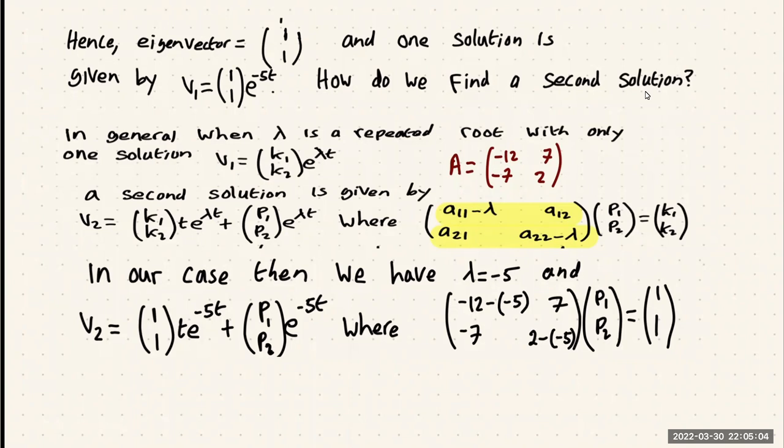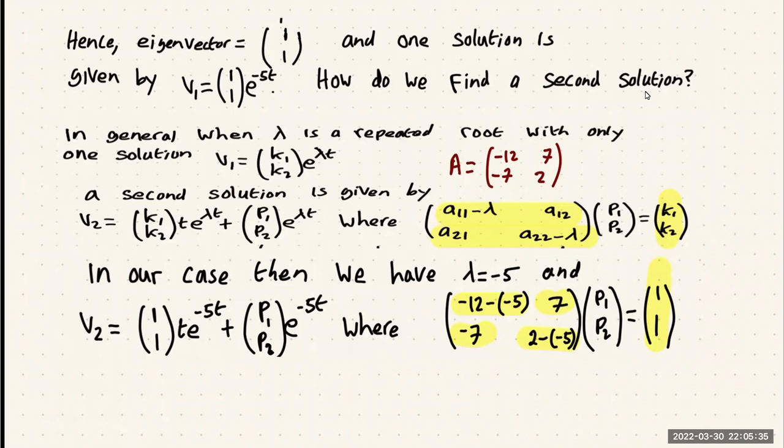So you're going to go -12 minus our lambda, so minus -5, then 7, -7, and then 2 minus our lambda, which is -5. And we set that equal to K1, K2, that's your eigenvector. In our case, our eigenvector was 1, 1. So we have to solve for P1 and P2 now.